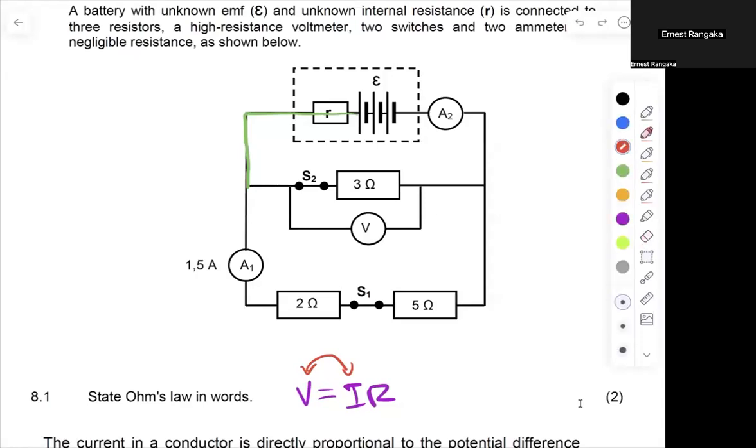It'll split to this red current. Let me use a highlighter actually. So the current through here is going to start off as green. It'll get there, it's going to split up to this pink one, and then ammeter A1 is always going to give me the pink reading.